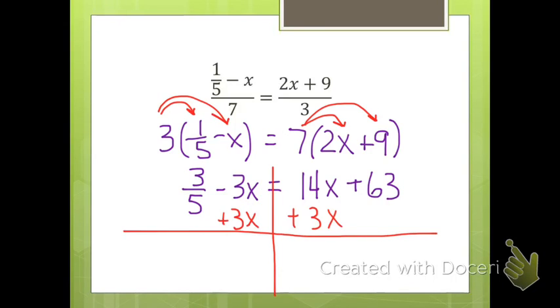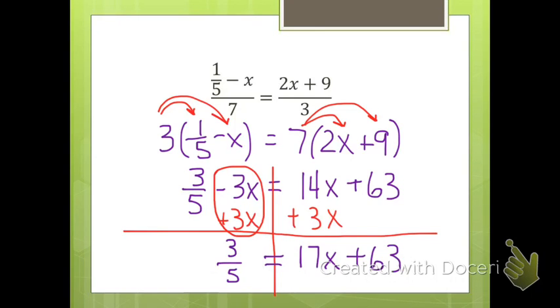The minus 3x and the plus 3x becomes 0, so I'm just left with 3/5. Let's write that in purple. Just left with 3/5 on the left is equal to, and I'm going to add the 3x to the 14x and get 17x, and then I still have plus 63. Okay, so let's continue on with this.